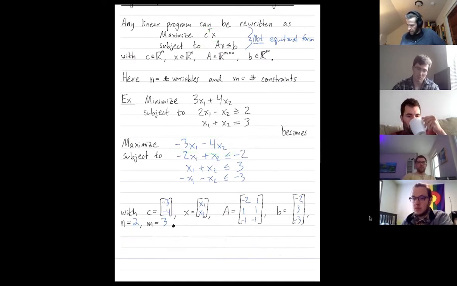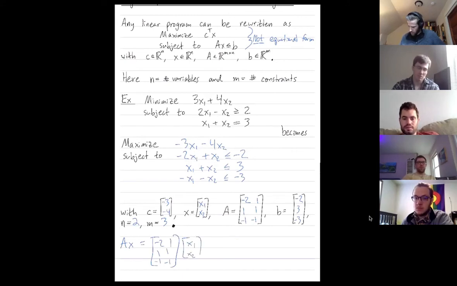And let's do this again with Ax at most b. So Ax is this matrix, -2, 1, 1, 1, -1, -1, times my vector x1, x2. I multiply that out, I get -2x1 plus x2, x1 plus x2, negative x1 minus x2.